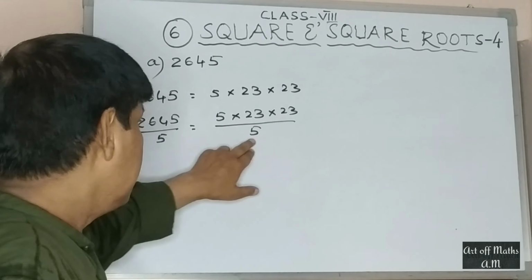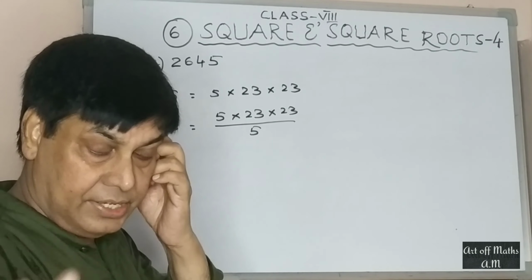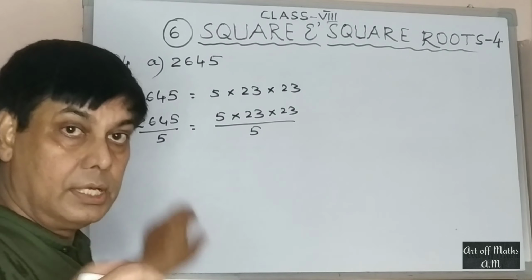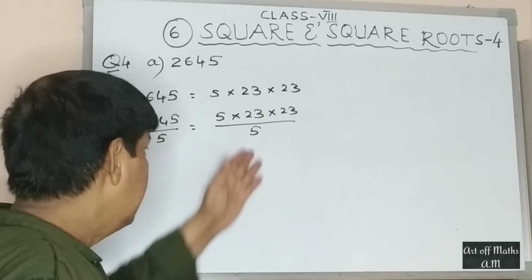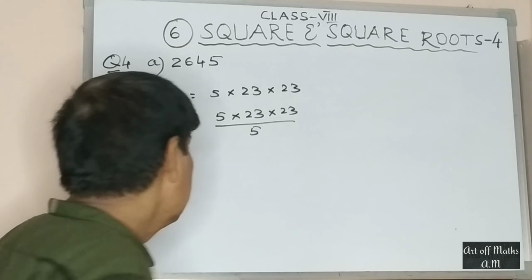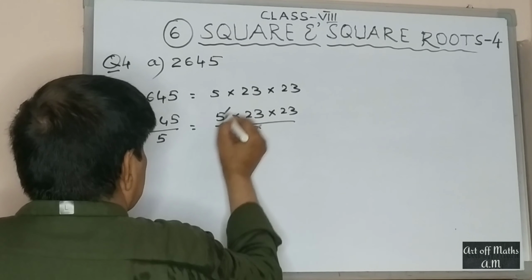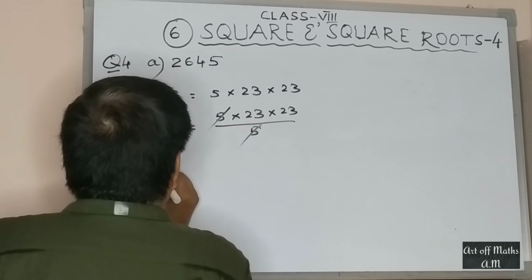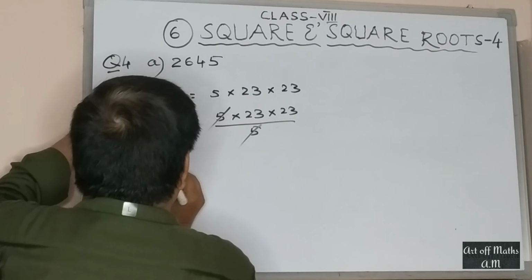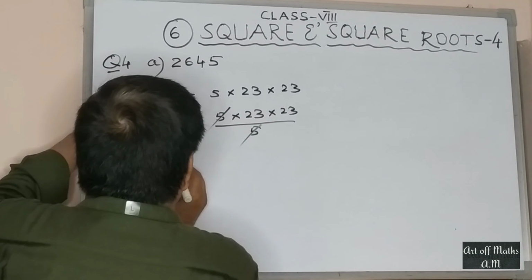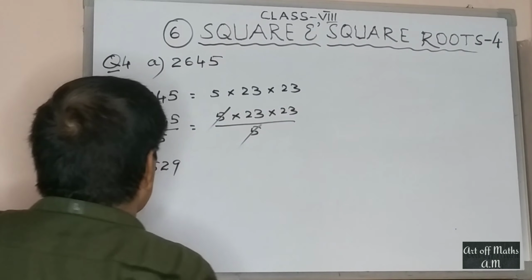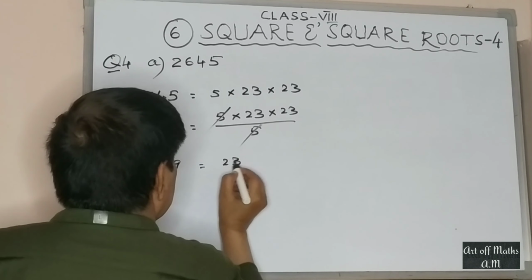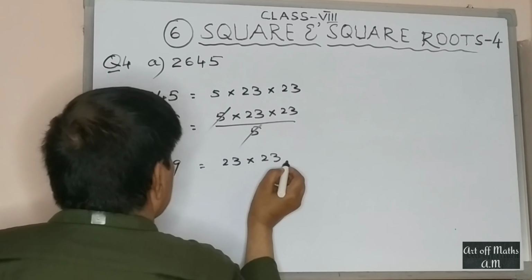So if I multiply on the right hand side, we have to simultaneously multiply on the left hand side also. Divide is also the same. So it will be cancelled. Now 529 equal to 23 into 23.